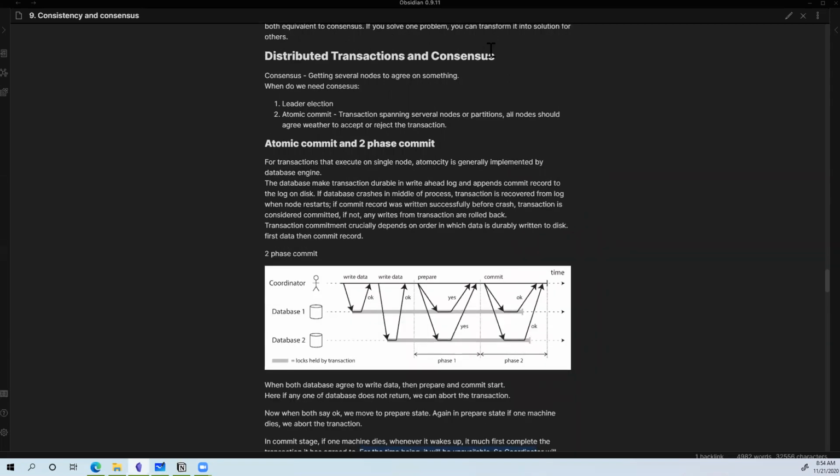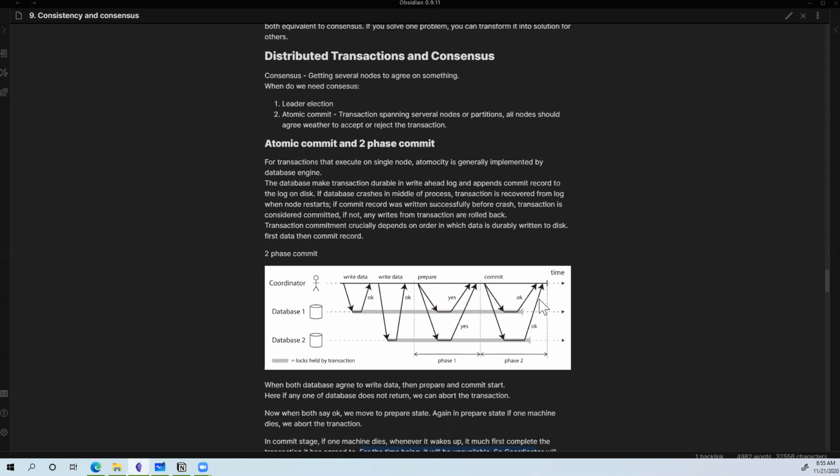So let's say the coordinator says commit, and then let's say database 2 accepted, but before it sent the okay back, it crashed. Did you say that the coordinator has to keep trying? At what point did it fail?